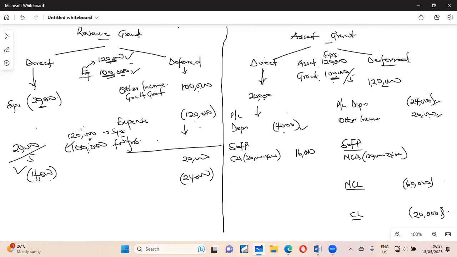Let me even remove the bracket for you to get it proper. But the understanding is that it is not a liability. It is an income that you have deferred. Please, let's note that, because the credit is here, the debit is here.